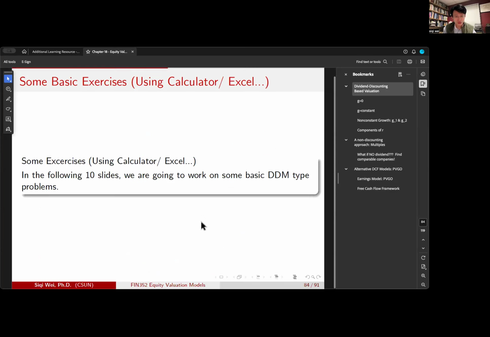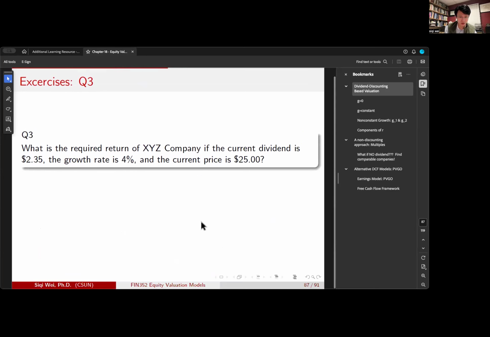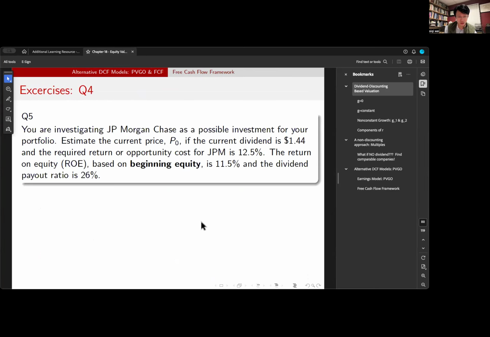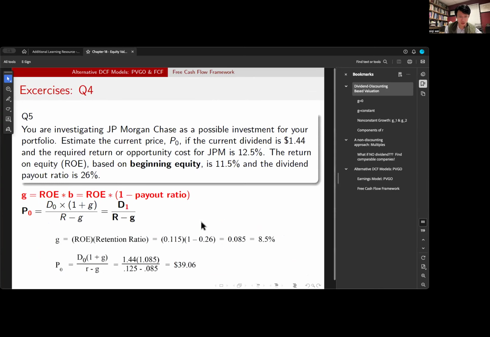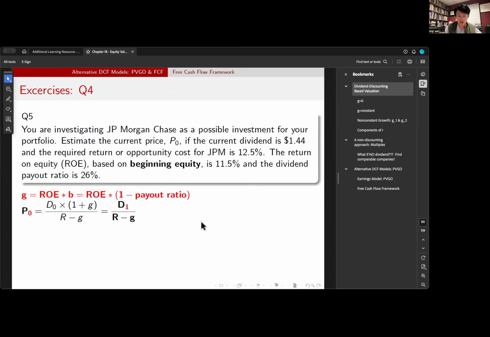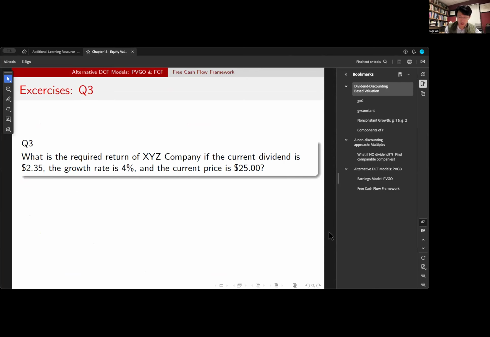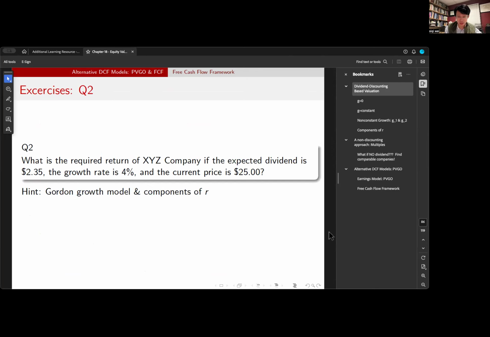On the bottom of my lecture notes, there are a couple of easy calculation questions that help you get the idea of the topics we covered. But more importantly, I want you to revisit my lecture notes and the textbook chapters. These are very important.